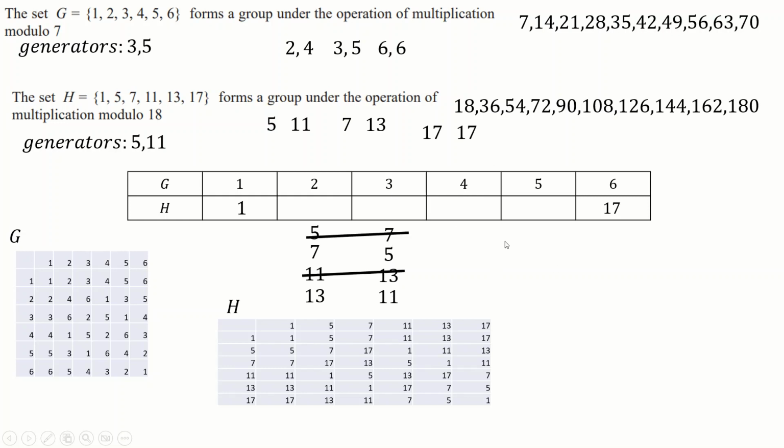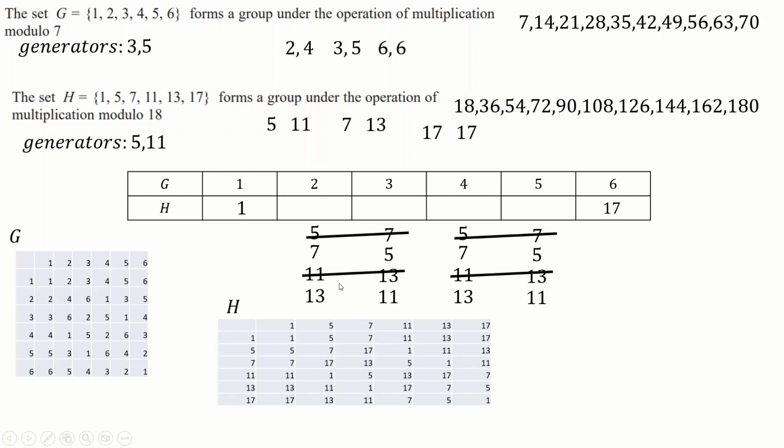And likewise, you could do the same thing over here. Like 4 times 5, looking at the Cayley table, 4 times 5 is 6, because of course it's 20. Mod 7 is 6. 6 is isomorphic to 17. So these two here must multiply to make 17. But again, that's the same list we just came up with, right? Multiplying to make 17. But like I just said, 5 needs to match up with a generator, so that can only match to 5 and 11.